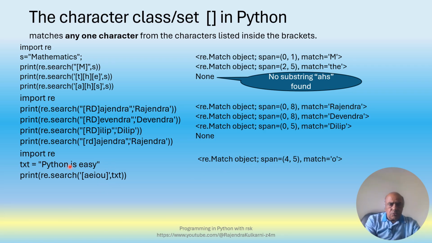But as soon as O is found, the search ends. Even though there are three additional characters I, E, A which can match any of the characters here, as soon as the first match is found, the search ends with re.search.